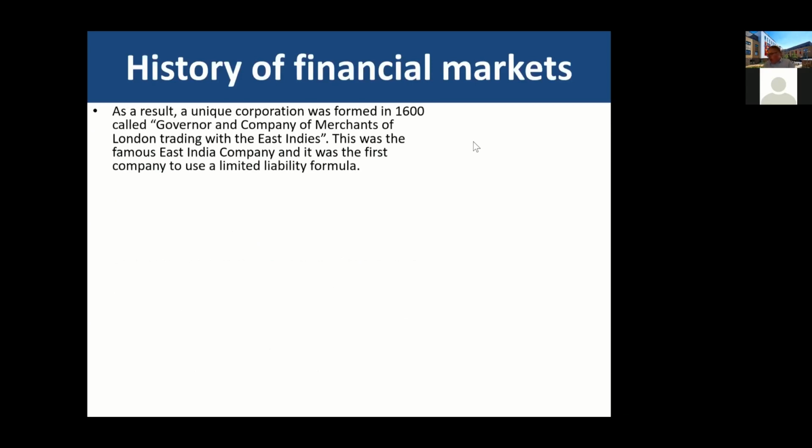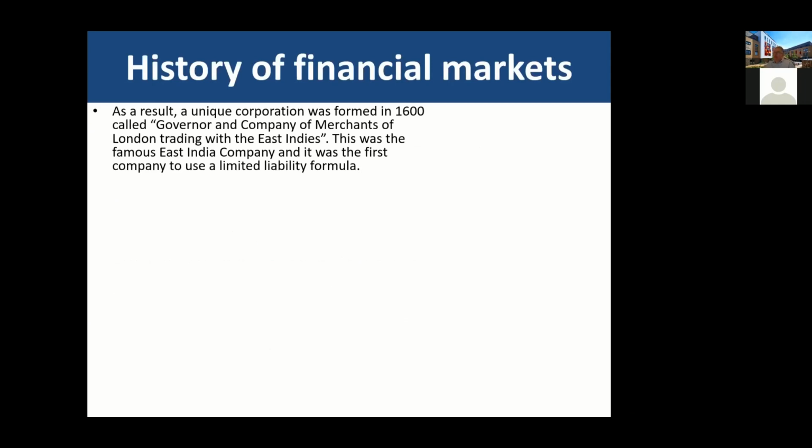And the limited liability formula was quite unique at the time, in the sense that before this, if you set up a company and that company was loss making, you were at risk of losing everything that you owned, all of your assets.